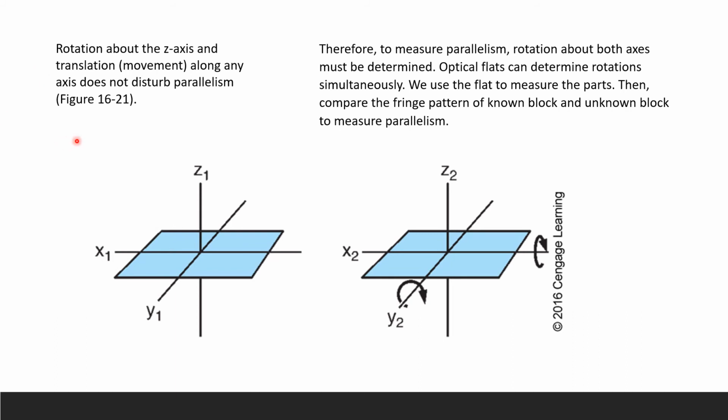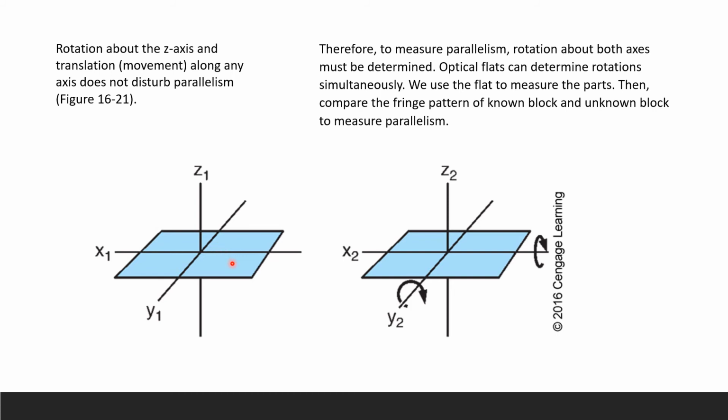So when we use a gauge block in parallelism measurements, a surface can always be constructed within the resolution range of optical flats. So here, it's just trying to tell you rotation about the z-axis. In translation, that's the movement along y or x.